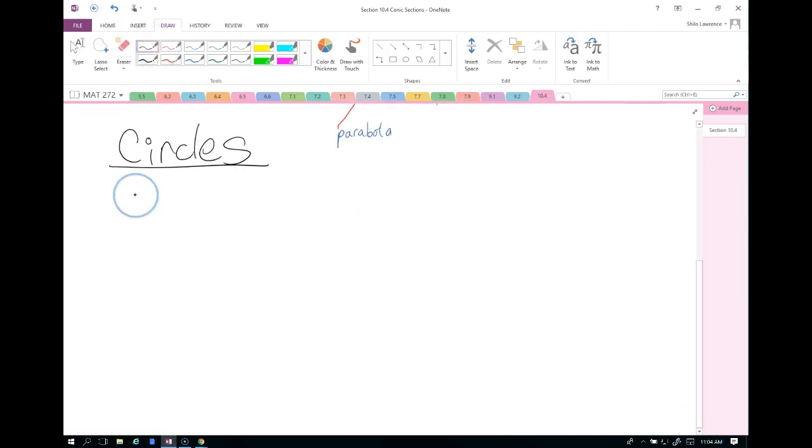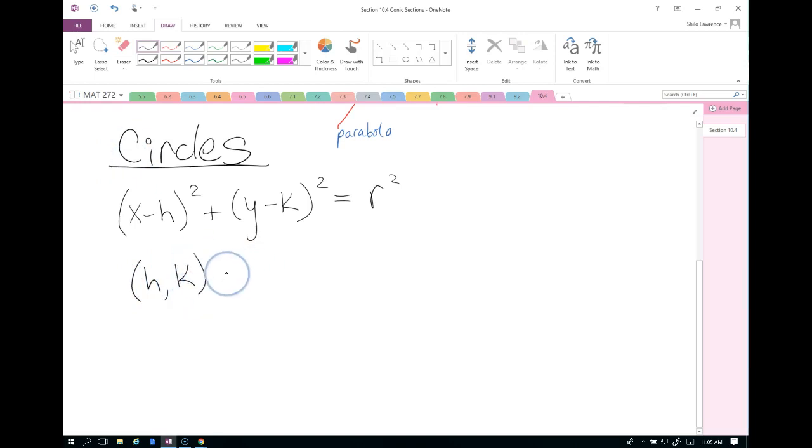So the basic format for a circle is x minus h squared plus y minus k squared equals r squared. And the (h, k) is the center of the circle, and r is the radius.